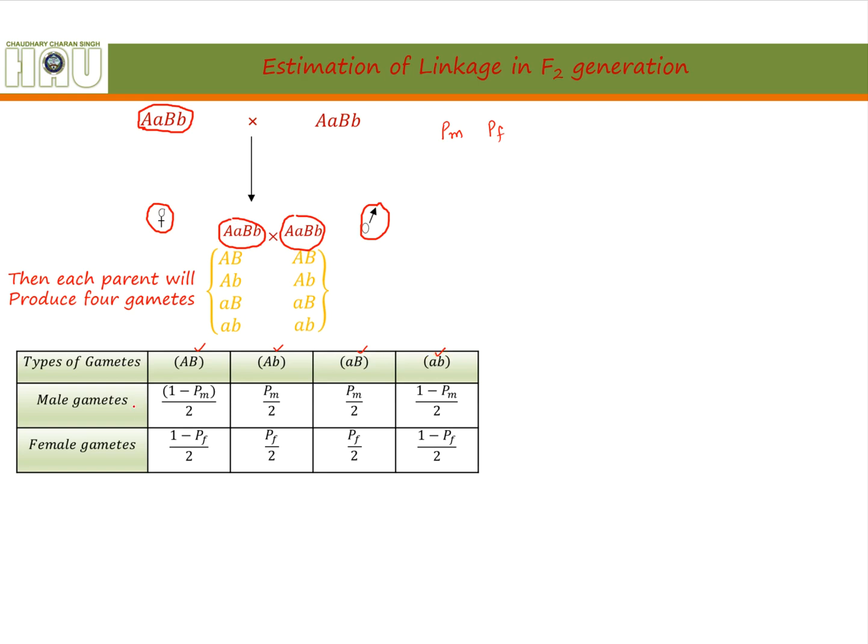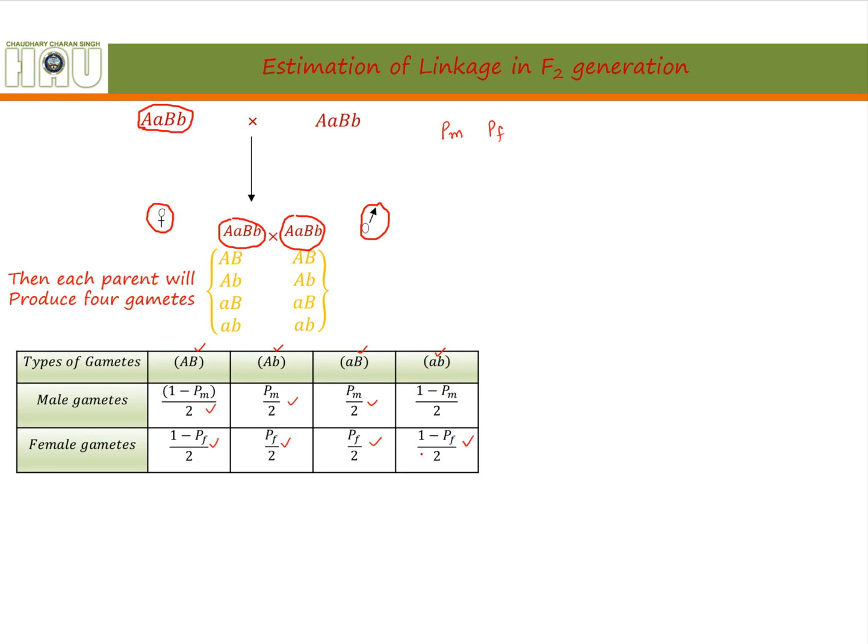In case of male gametes, if I consider PM as the recombinant fraction of male, then you will get this, and for recombinant type, you will get this. Similarly, for female, it is 1 minus PF by 2, PF by 2, PF by 2, and for small b, it is 1 minus PF by 2.